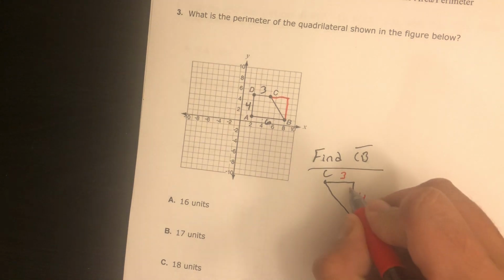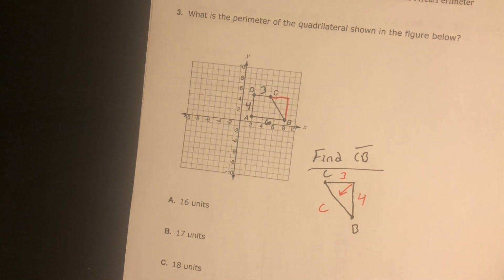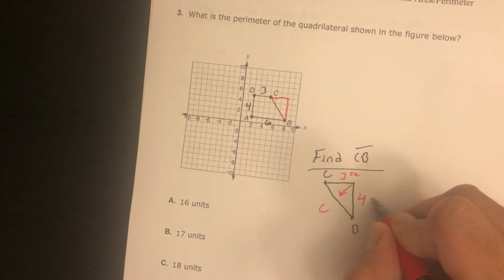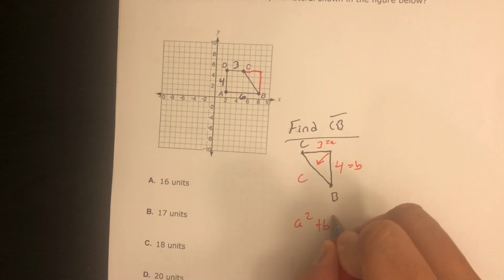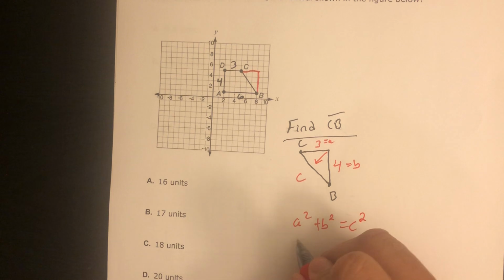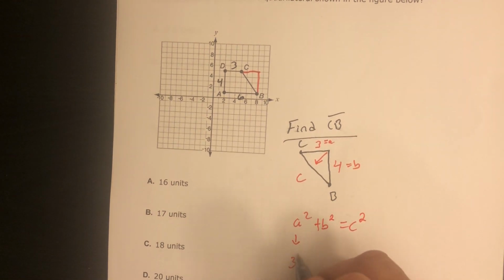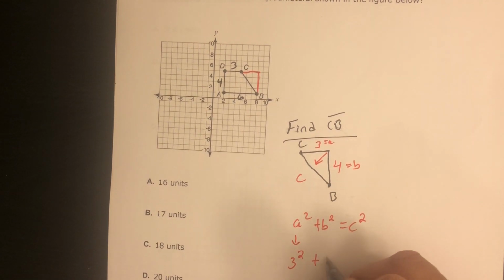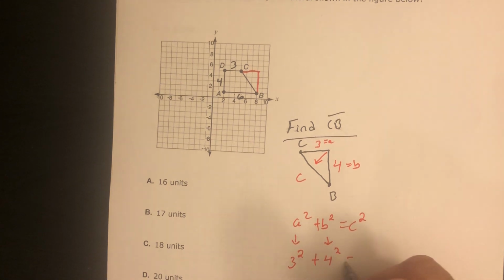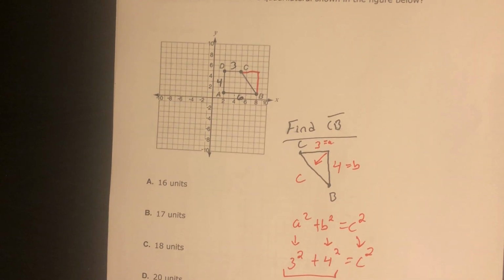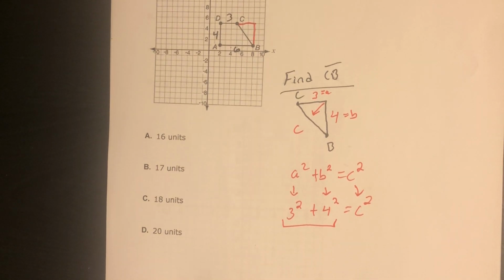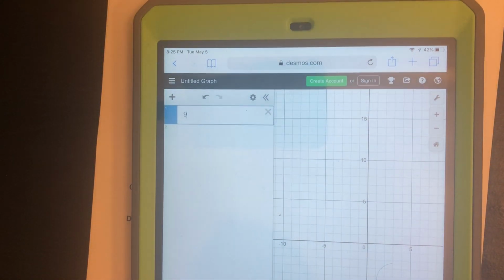So here we go. Across from the 90-degree angle is your letter C. The other two sides are A and B. And I can use my theorem, A squared plus B squared equals C squared. So A squared is 3 squared, B squared is 4 squared, and C squared is just C squared. Now, 3 squared plus 4 squared is 9 plus 16.